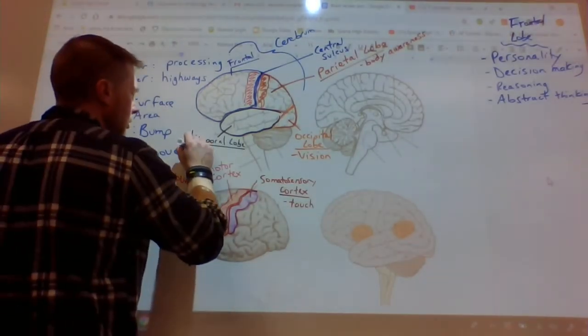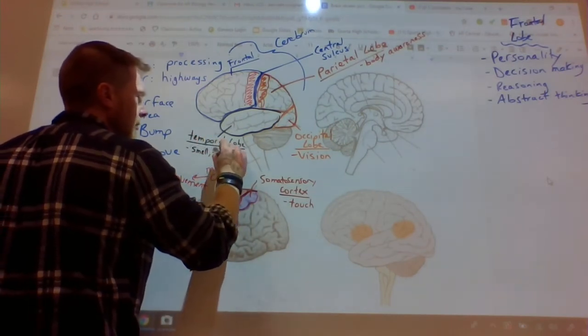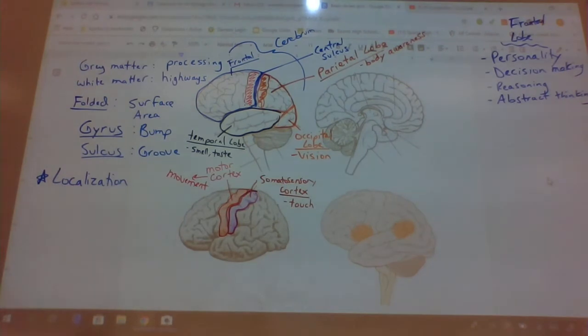For example, smell and taste both take place within your temporal lobe. So you have a lot of sensations happening. Isn't touch a sensation? It is, but touch is not happening in your temporal lobe. So smell and taste is temporal. Touch is in the sensory cortex specifically. Good question.